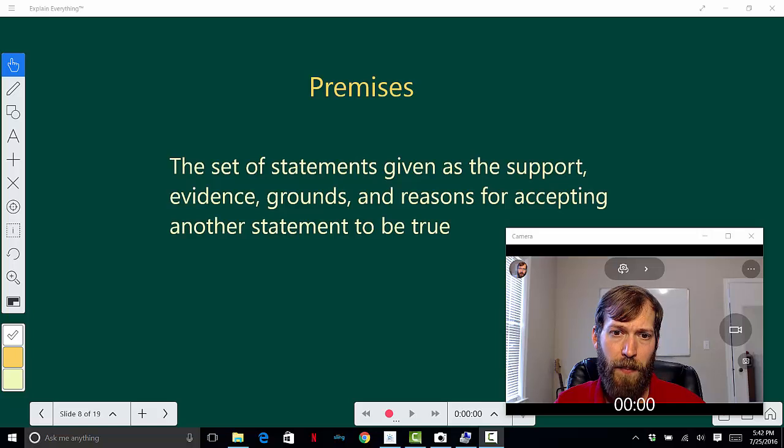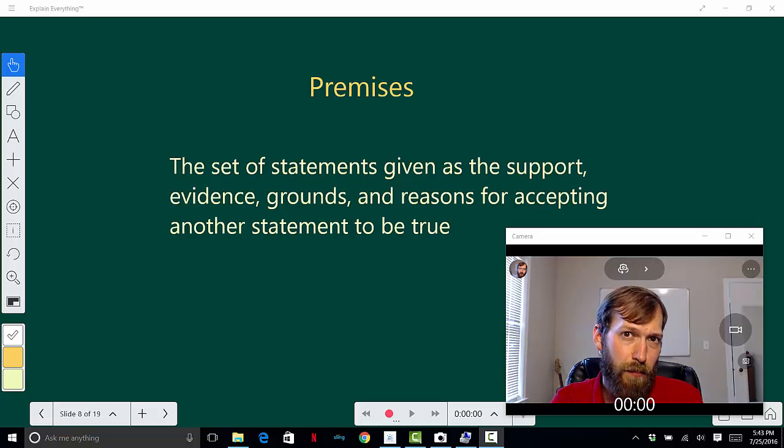If we step back from that definition a little bit, when we offer somebody an argument, we're going to list off a bunch of statements. Implicitly we're saying, because these statements are true, you should accept this other statement to be true as well. That former group of statements, those are your premises.